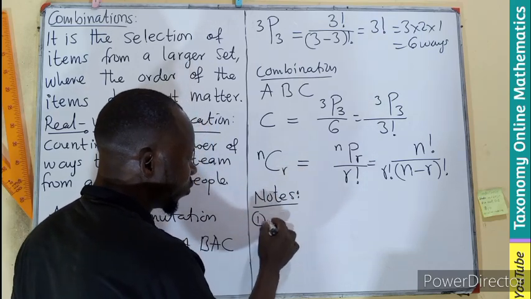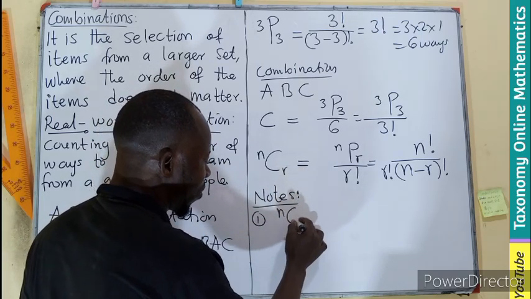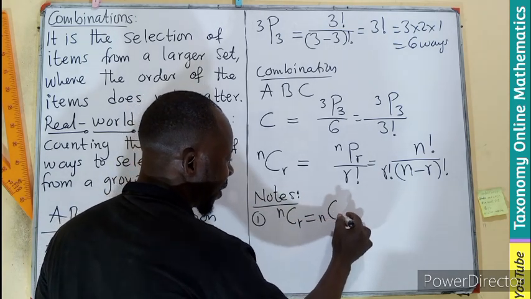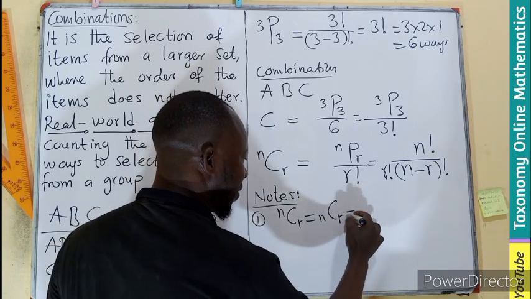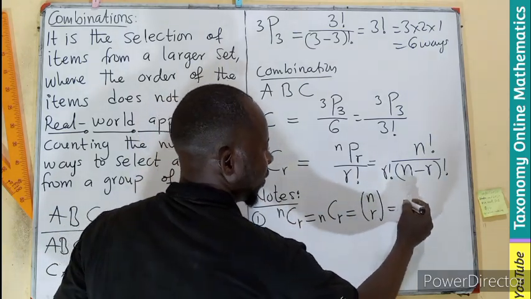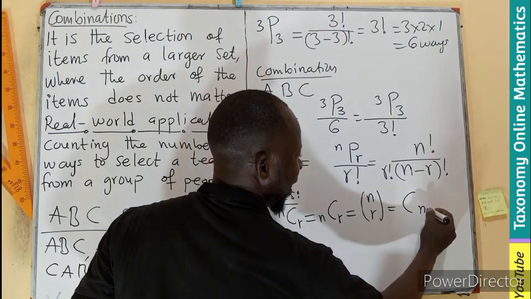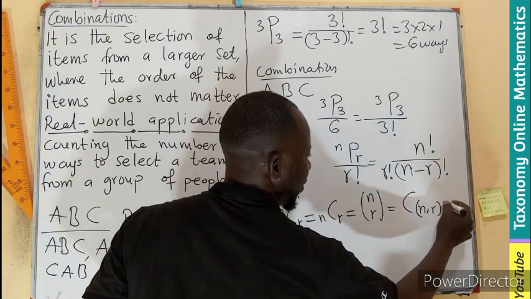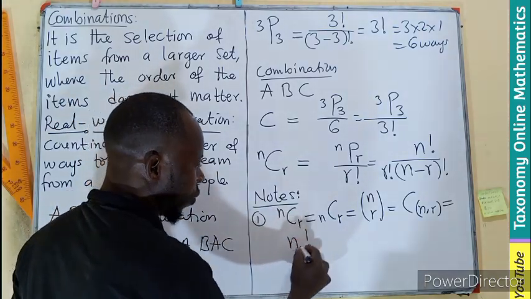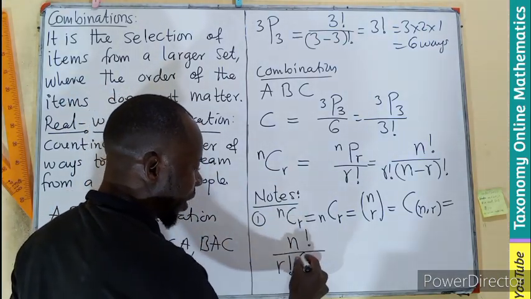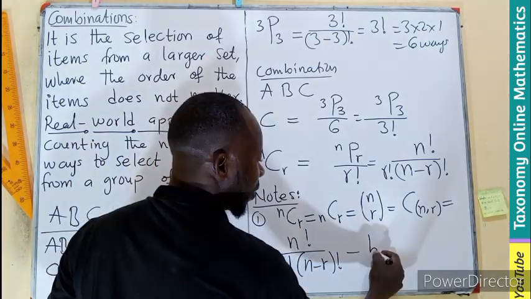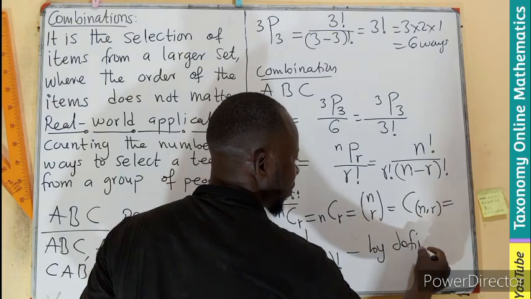We can pick the first one to be n combination r, the same as n choose r, which is also the same as nCr, also the same as C, n, r. This is given to us by n factorial over r factorial times n minus r factorial. This is by definition.